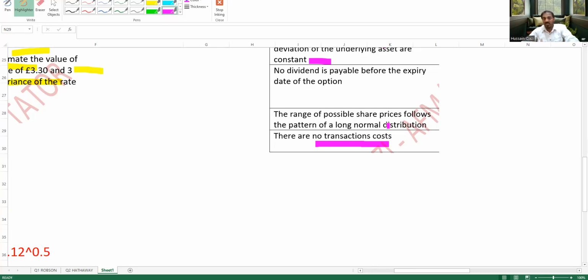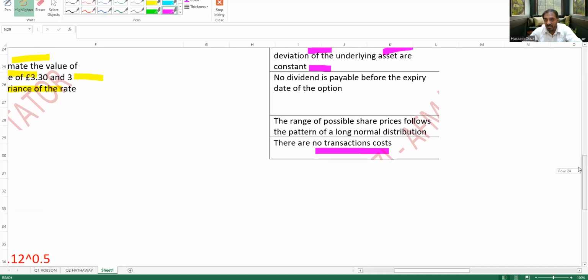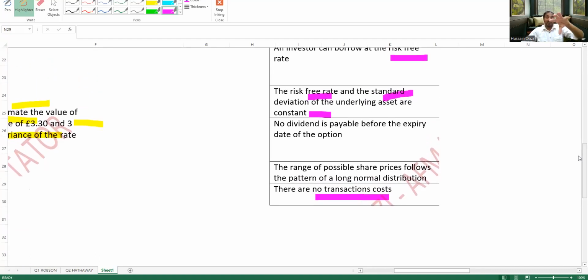Exercising the option, there is no transaction cost. If you study options with forex or interest and have to pay some premium initially, you have to ignore this with BSOP. No transaction cost, no premium cost.